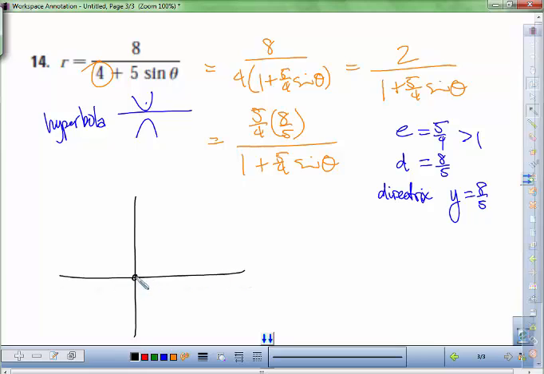The focus is going to be at the origin. And we have the directrix up here, 8/5, so that's a little bit less than 2. Oh, so it actually should be like this.